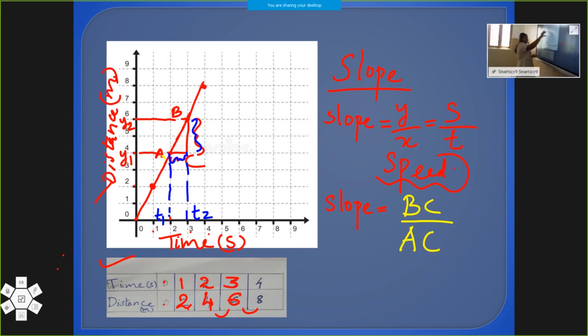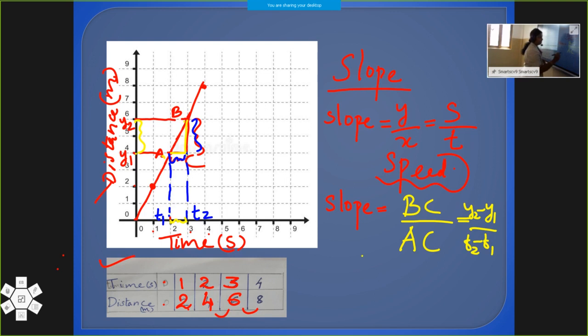Y by x is BC divided by AC. What is BC? It is this distance, that is y2 minus y1, divided by this distance AC, which is t2 minus t1.